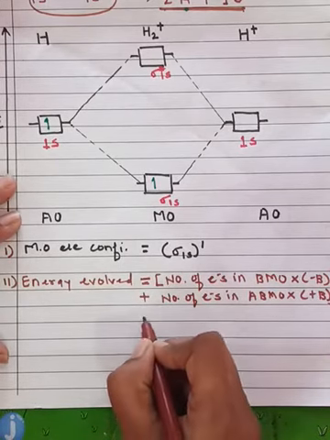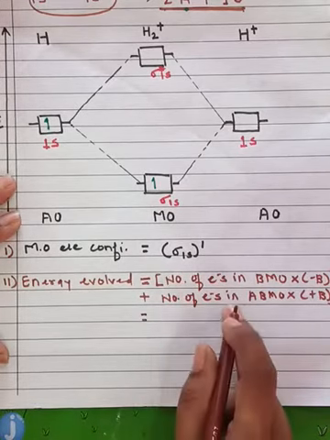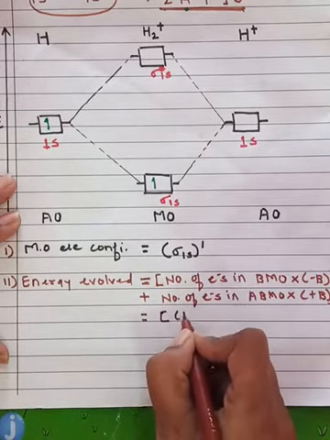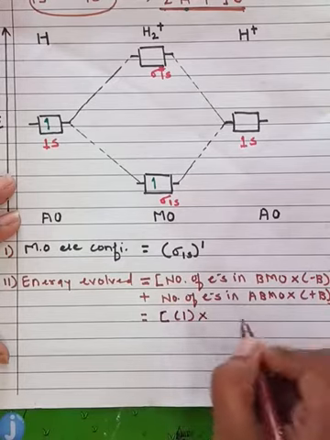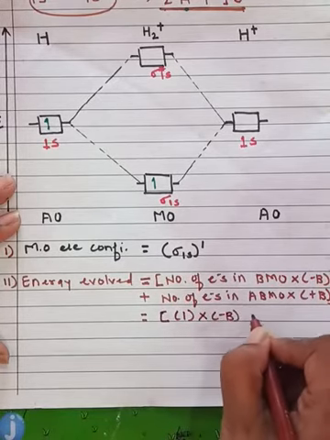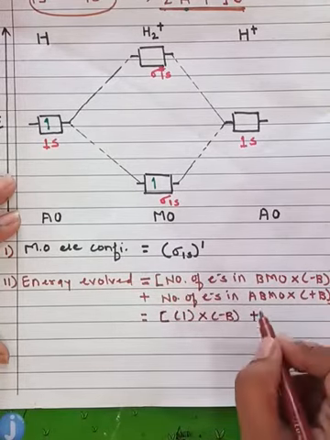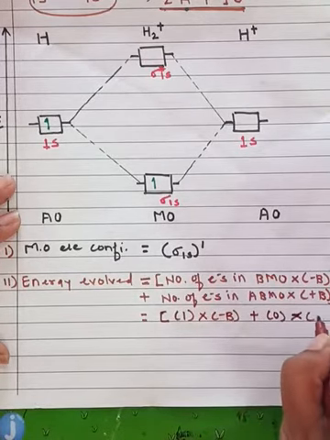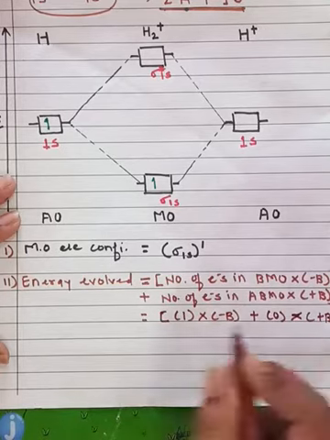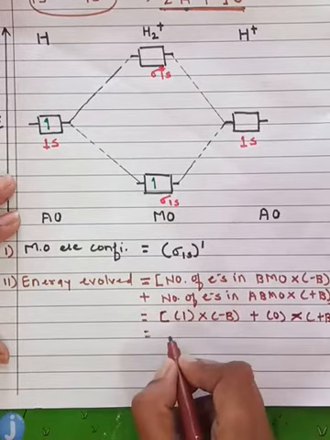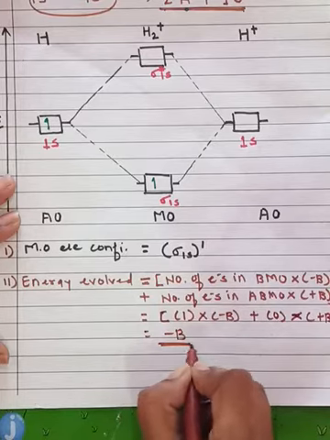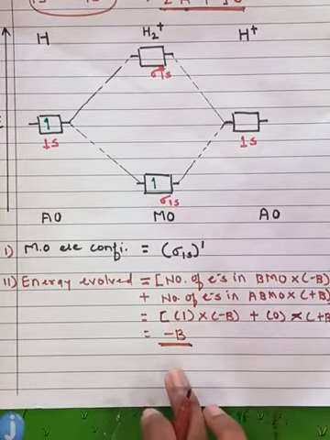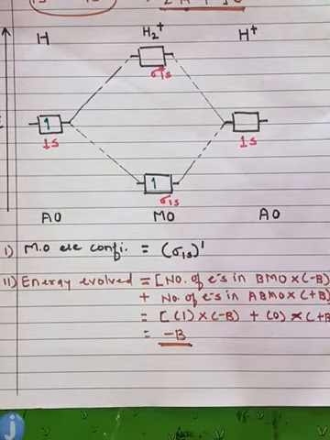So the energy E equals number of electrons in BMO, which is 1, into minus beta, plus number of electrons in ABMO, which is 0, into plus beta. So this equals minus beta. So energy E equals minus beta, and this minus beta value is called the stabilization energy.